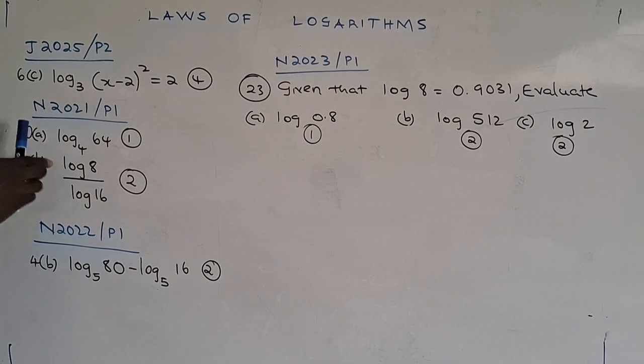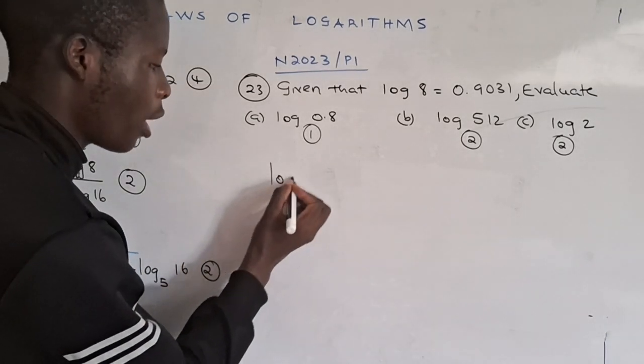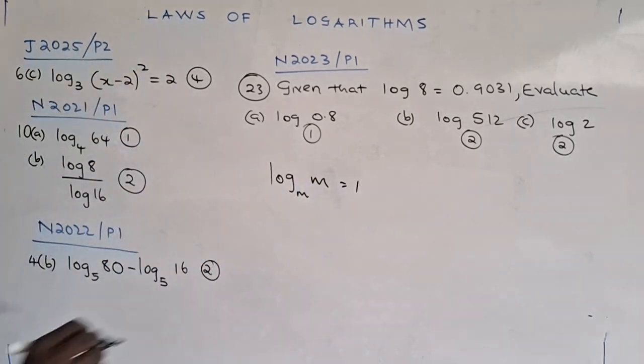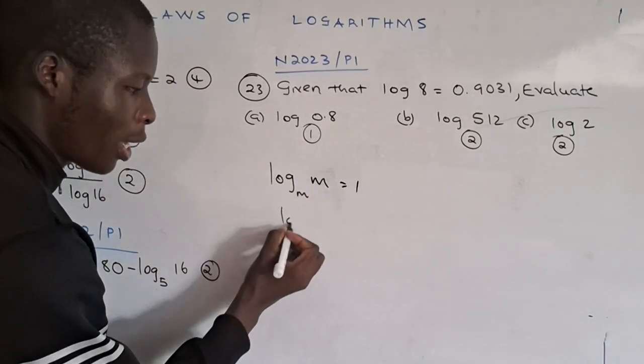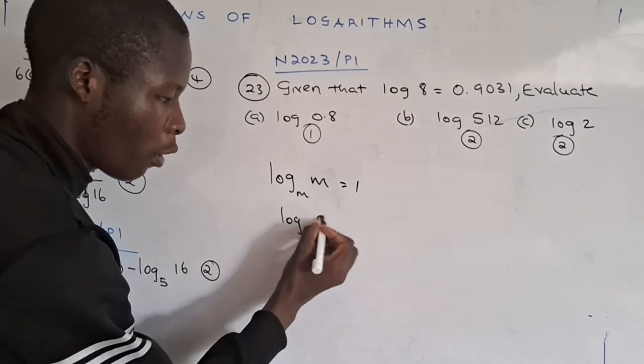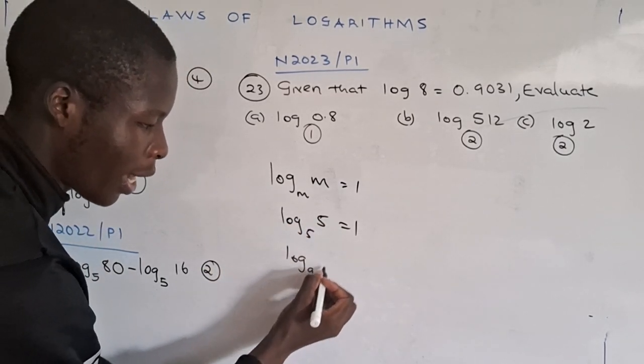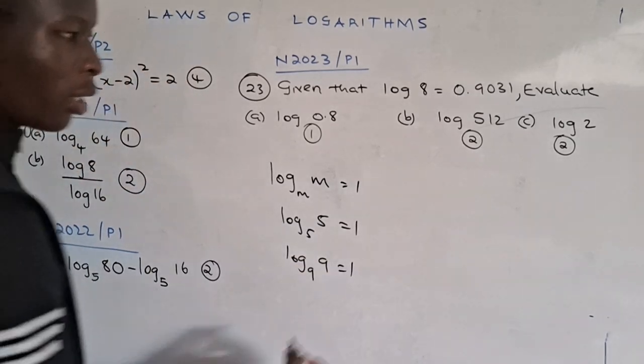These two questions are coming from November 2021, paper 1. Okay, see, I said if you have log base m of m, what is the answer? The answer is 1. That's like if you have log base 5 of 5, the answer is 1. Log base 9 of 9, the answer is 1.